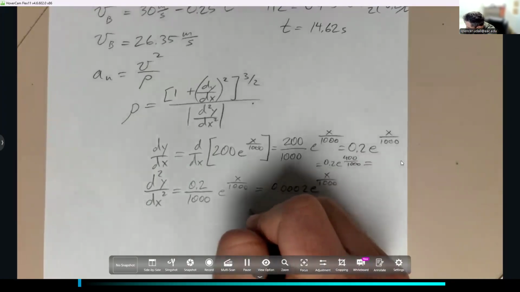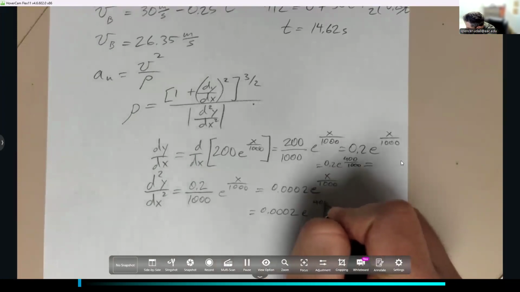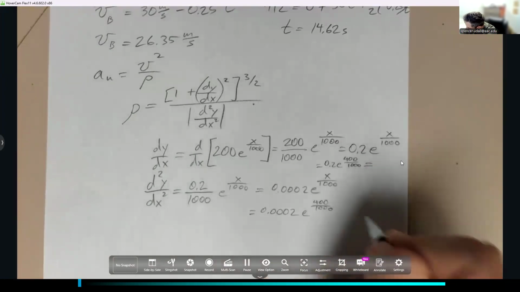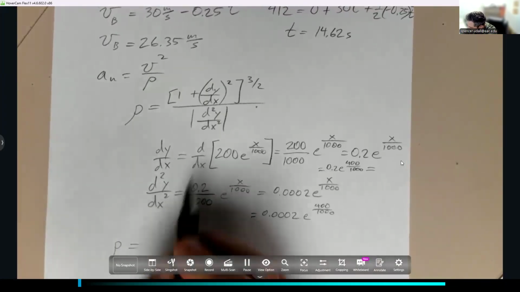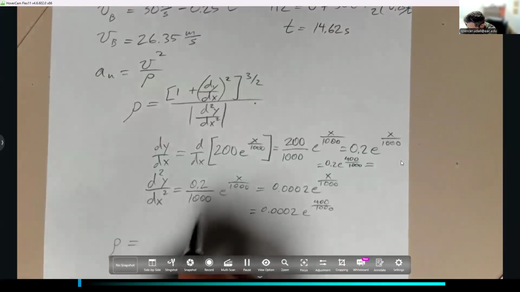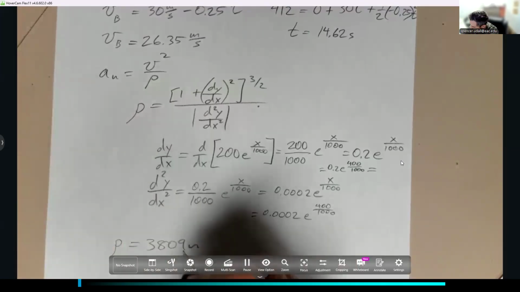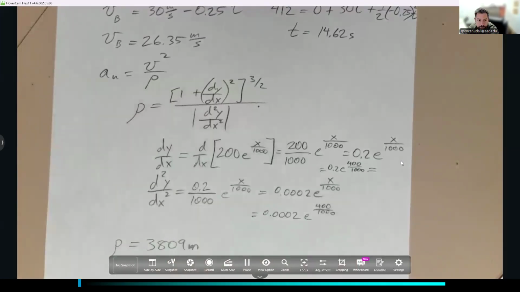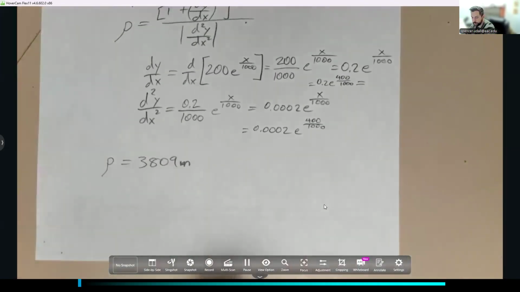We could also plug in 0.0002 e to the 400 over 1,000. We'll come up with a number there. I'm going to plug it all in and do it in one instant and find our rho to be 3809 meters. Ooh, there's an M. That's our instantaneous rho at that moment.